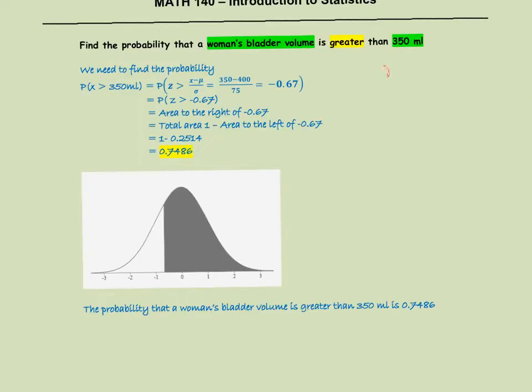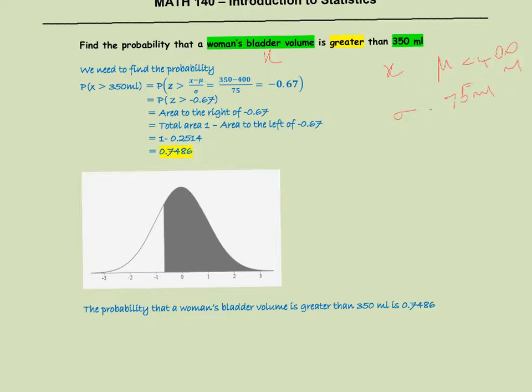So it's the same problem. The measurement X is the woman's bladder volume, and we've seen that mu is equal to 400 milliliters, and sigma, which is the standard deviation, is equal to 75 milliliters. So that's been given to us.